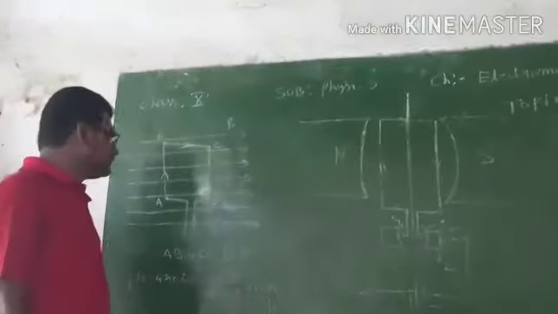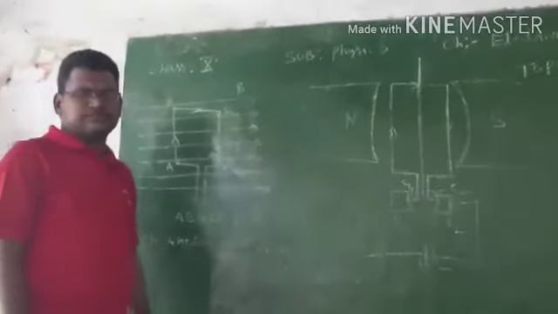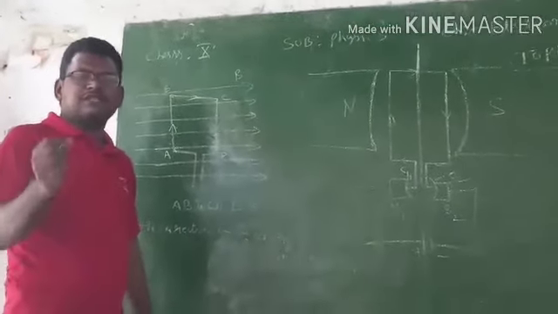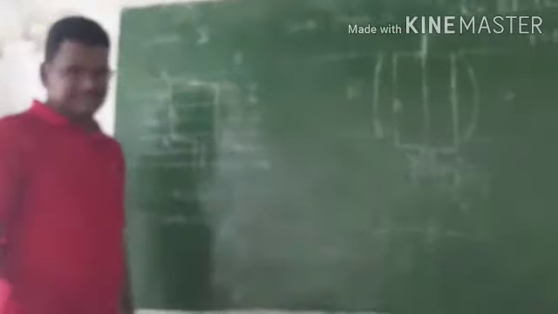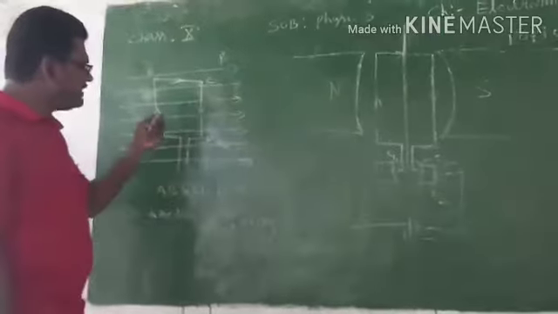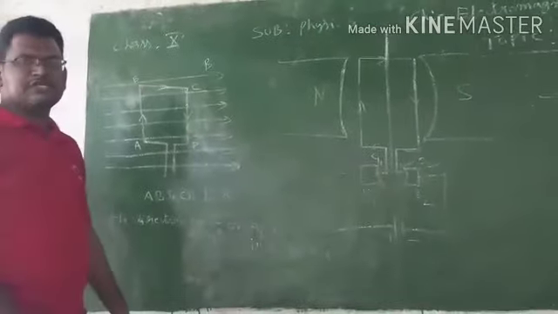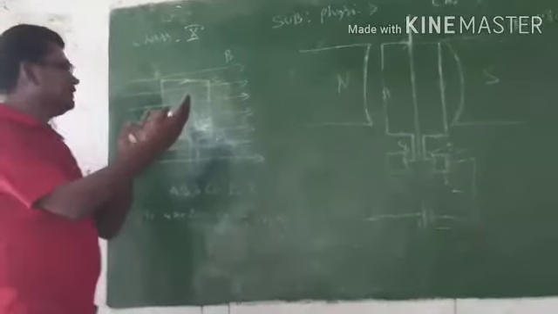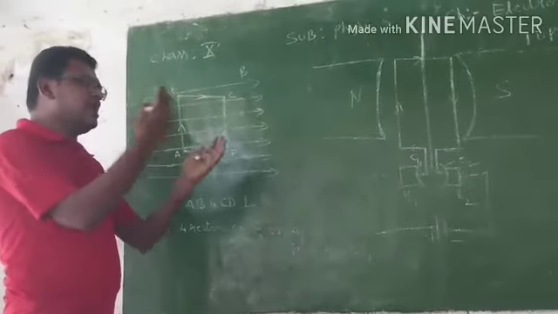Now let's see what happens if the direction of the force is unchanged after the half rotation. The coil does the half rotation.